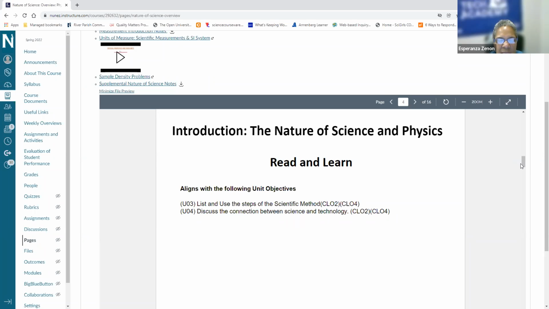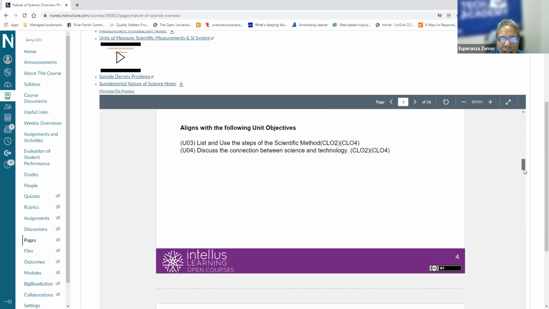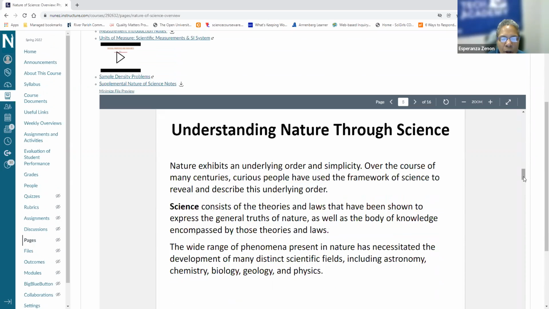And we'll see the scientific method as one of those key tools that scientists use to increase our understanding and application of the body of knowledge we call science. And we'll look at the connections between science and technology, because that's pretty germane to how our understanding of our physical environment has increased.